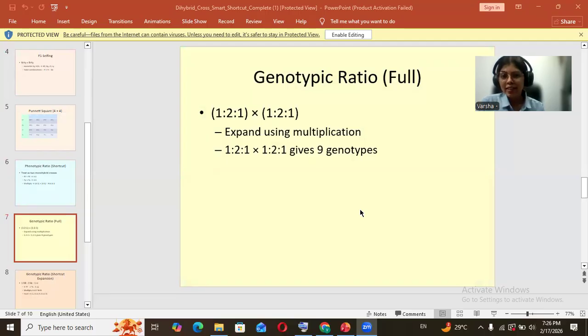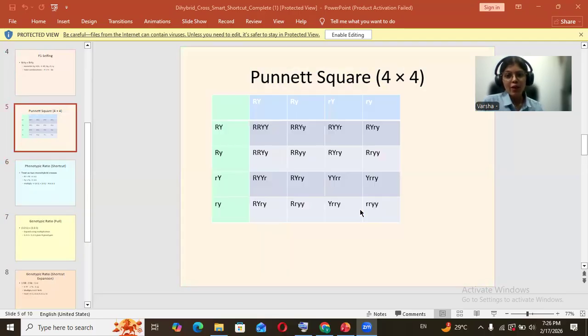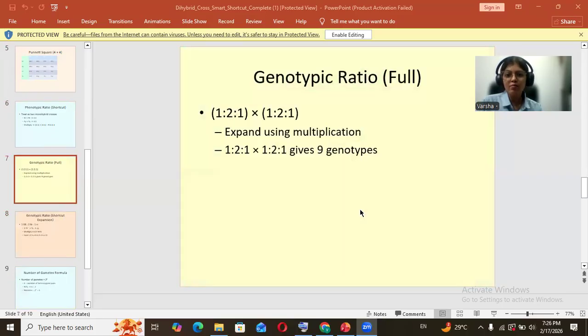Now the genotypic ratio. Again, you can see it from the Punnett Square, but to save time, there is a way to calculate the genotypic ratio, which is again using the monohybrid genotypic ratio and multiplying it by itself. So 1:2:1 gets multiplied by 1:2:1.